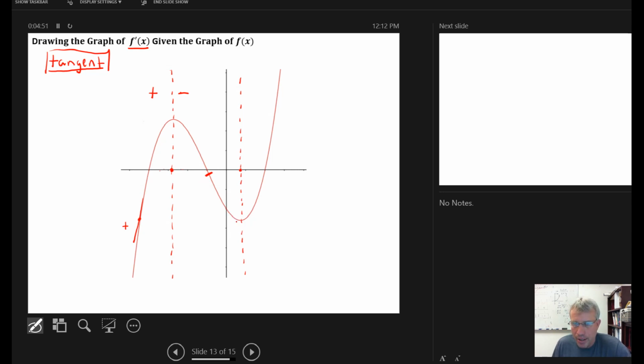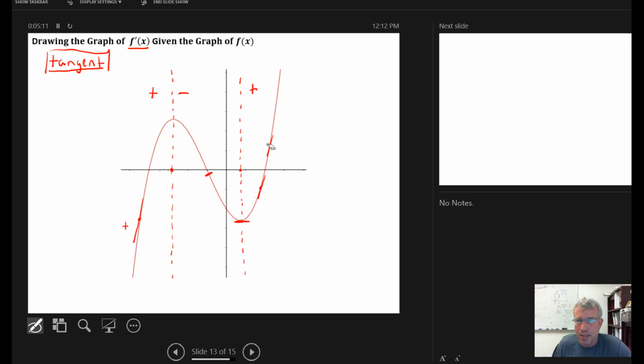So here I had another place where the tangent line had a slope of 0. Step over this value of x, look at the graph and say, are the tangent lines on this side of this vertical line, do they have positive or negative slope? And here I see they have positive slope. They're going uphill, so positive.